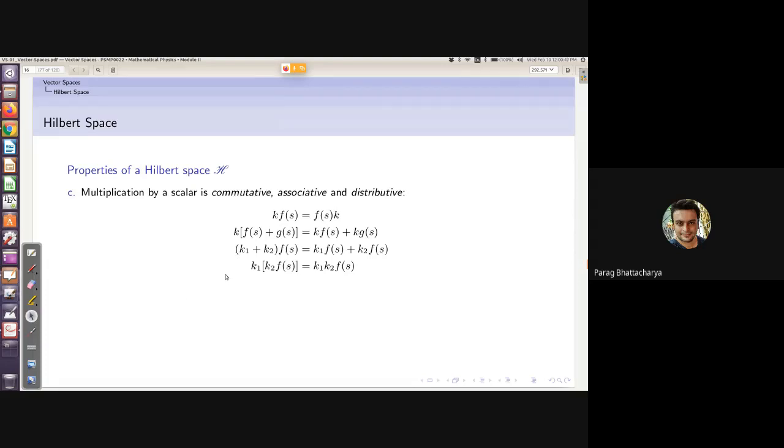Okay, so these are your commutative property, associative property, and the distributive property. So this is commutative, this is commutative, and this is associative, this is commutative property, this is associative property, and these two are distributive properties.